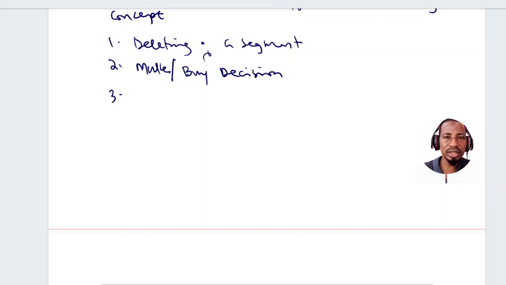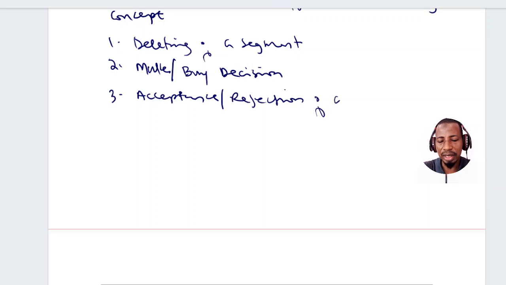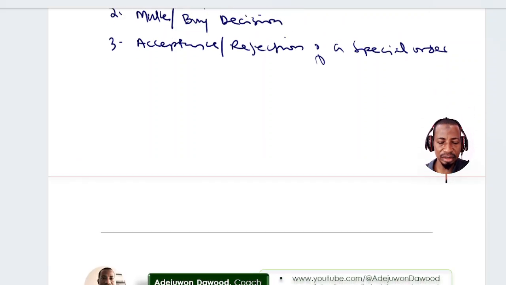The third area of application of marginal costing concepts is where there is a need to determine the acceptance or rejection of a special order. Again, it's all about decision making.